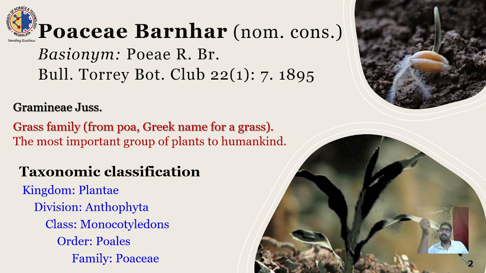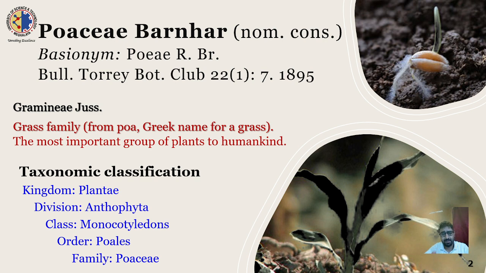Fabaceae has another name, that is Papilionaceae, or Leguminosae. Sorry, Leguminosae and Fabaceae, both names are correct. And do you know Cruciferae and Brassicaceae? Both names are correct. There are 8 families which have two names, and both names are correct. Other than these 8 families and one subfamily, every taxon should have only one correct name.